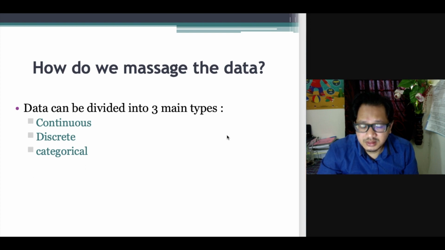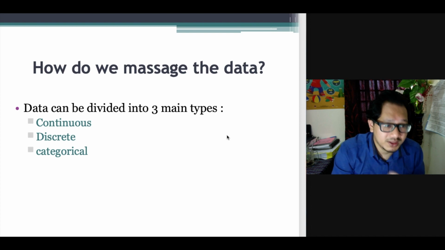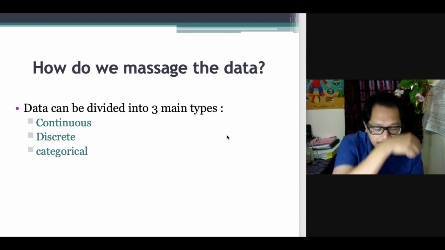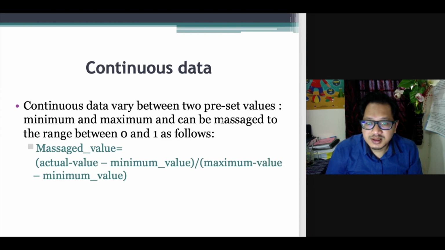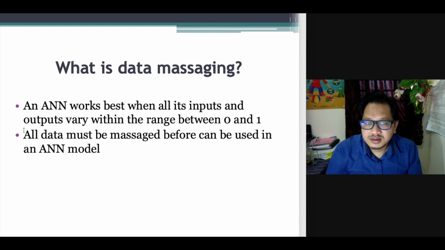First of all, our data input must be 0 and 1. If you put 100, 50, or 1000, that is not accepted. It must be 0 and 1, because an ANN works best when all input and output vary within the range 0 to 1.